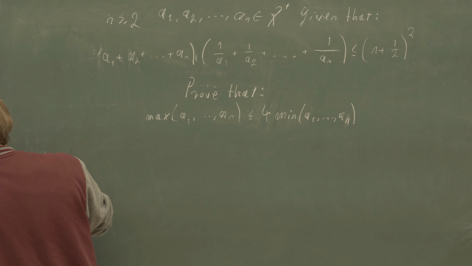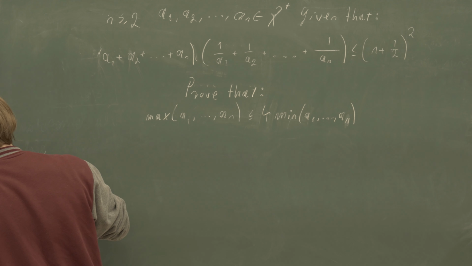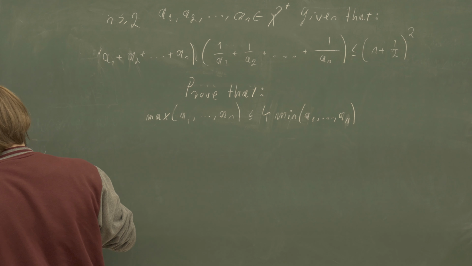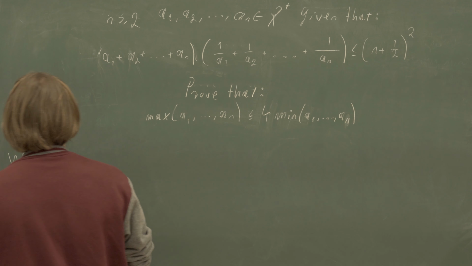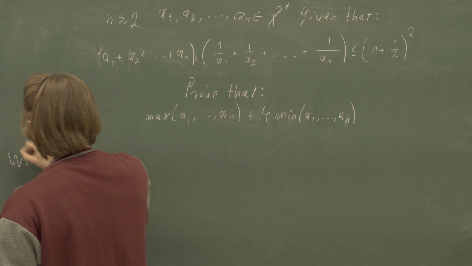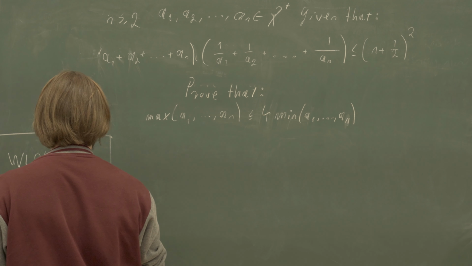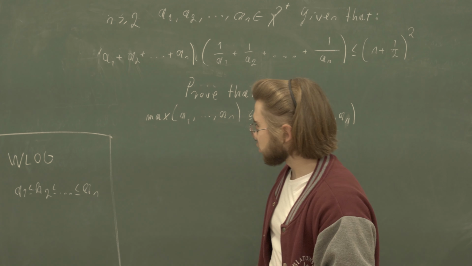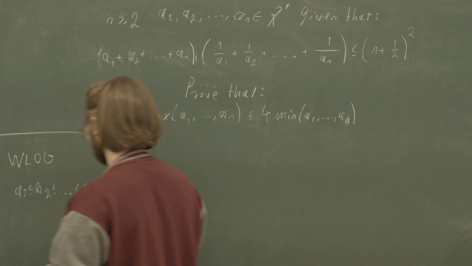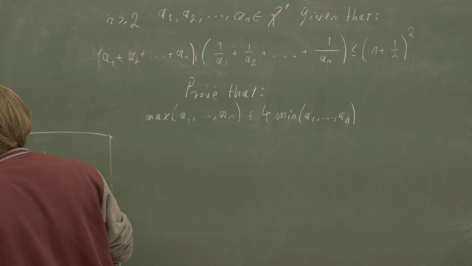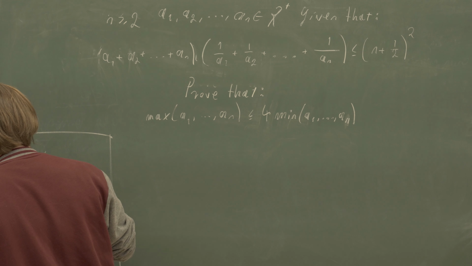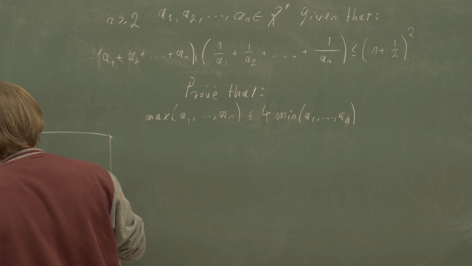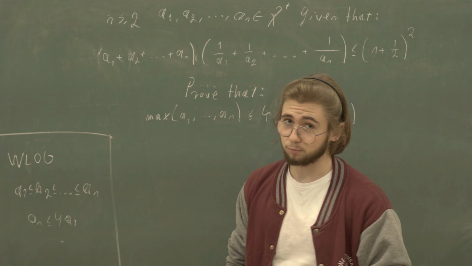So I would like to say that A1 is less than or equal to A2, which is less than or equal to A3, and so on. And A sub n will be just the greatest one of all the AIs. And so this actually reduces my statement to just proving that the maximum number, so an, is going to be less than or equal to 4 times a1. So that's what we would like to prove right now.